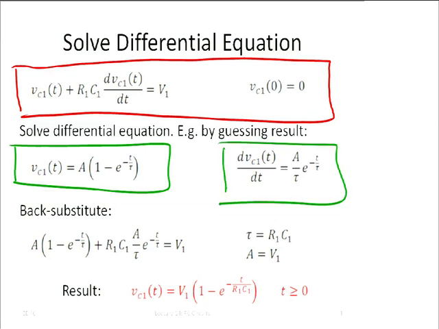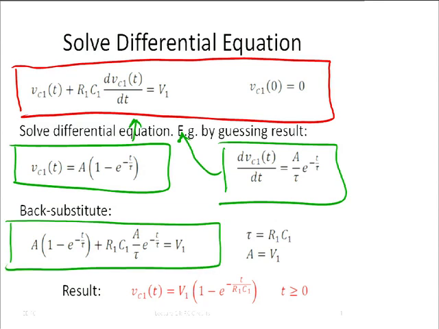Now if we look at this equation, first of all, this thing we already know is going to have units of volts. Tau is going to have what units? Seconds. Fortunately, this thing also has units of seconds.